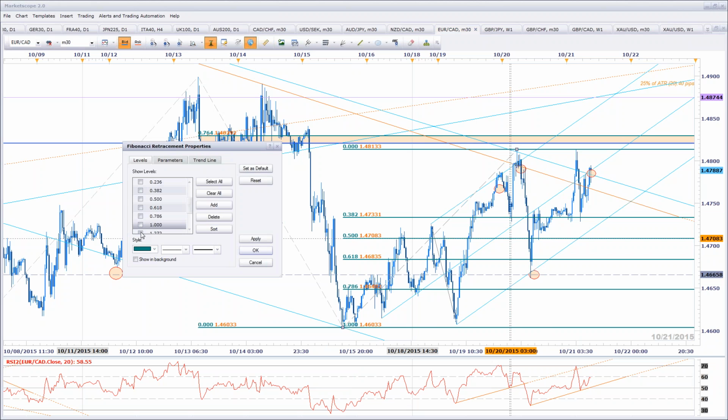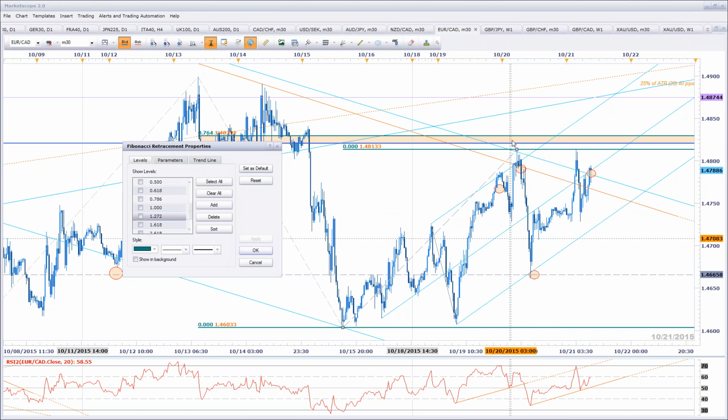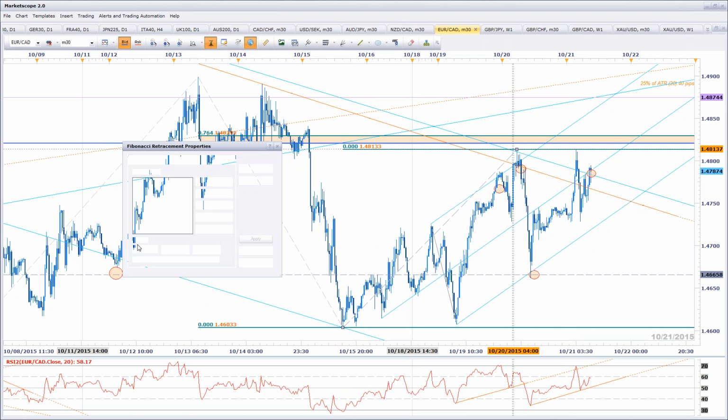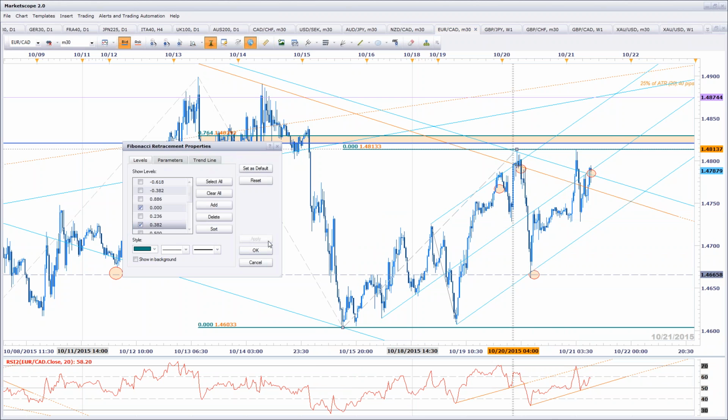Remember, we don't have any conviction to actually hold that retracement because we don't know that that's a concerted high yet for the week. But you got some divergence into that high. You got a trigger break into the high. I feel pretty comfortable putting that retracement on. And if we do that, that 38.2 comes in at 47.33.